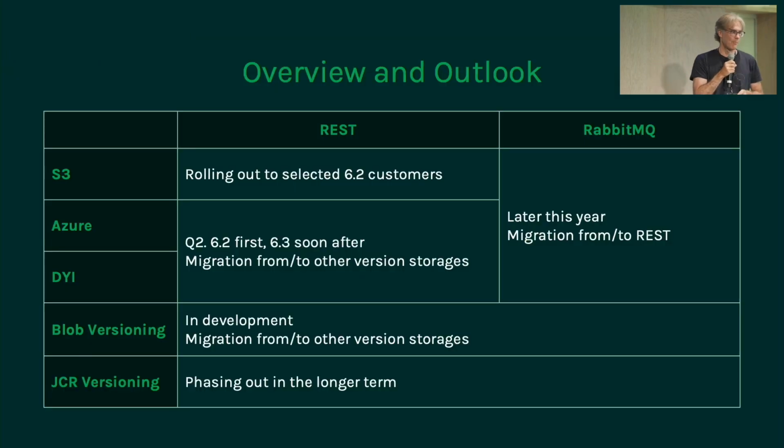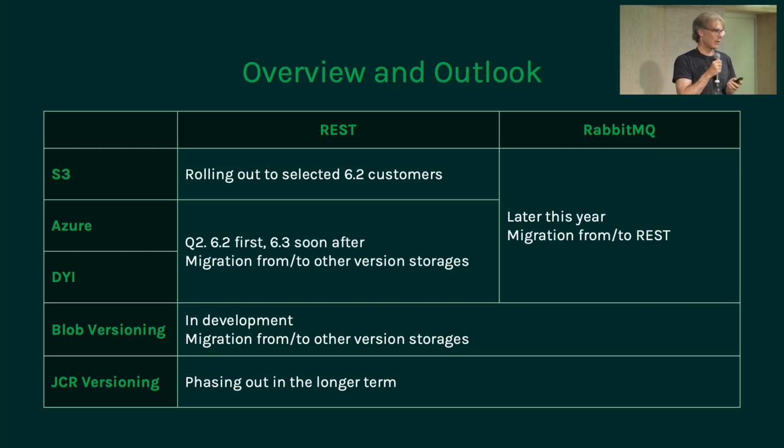Okay. For a quick overview and outlook, here's a summary of what we are roughly planning to do. It's more concrete for what's happening in the near future, whereas less so for what's happening in the farther future. Things might change, so please don't pin me on that.